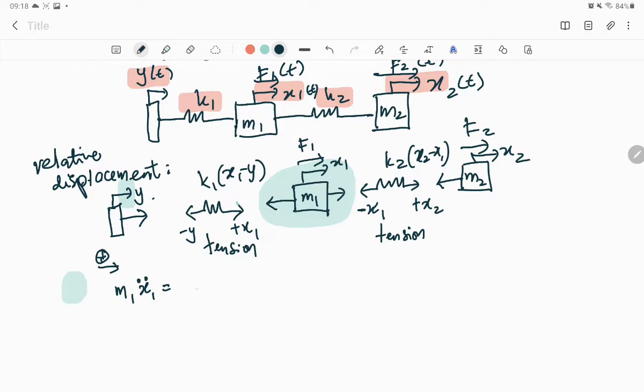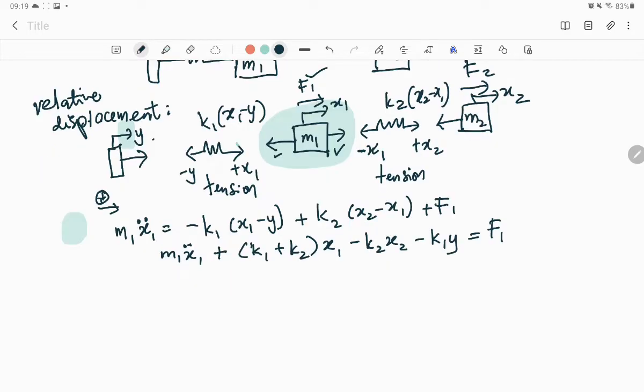The way you write your forces, you have this force, which is negative K1 (X1 minus Y), and this one is positive, owned by K2, so positive K2 (X2 minus X1). And then don't forget you also have the F1, so plus F1. Then you can rearrange the equation of motion.